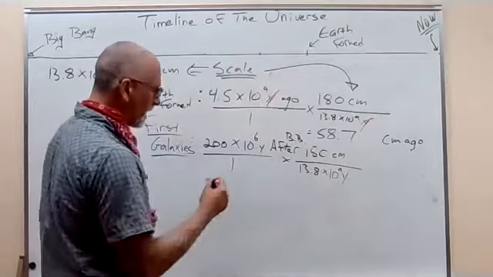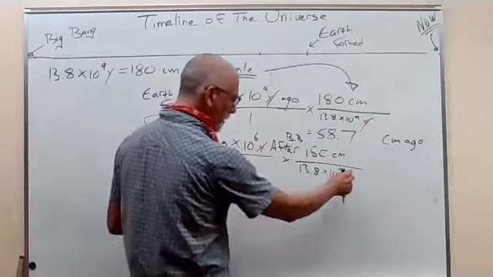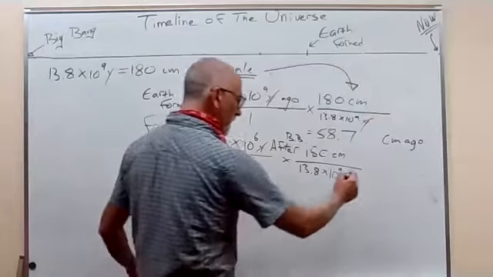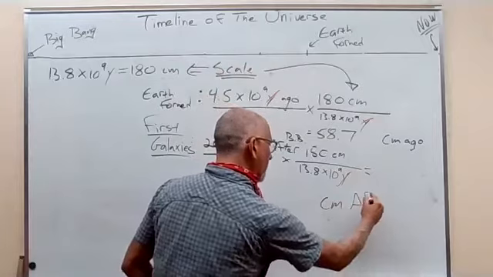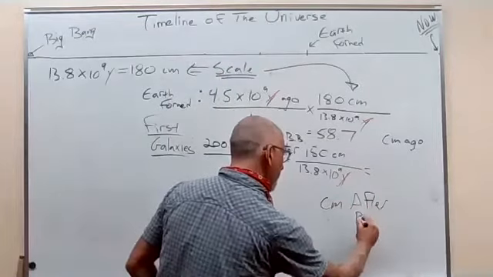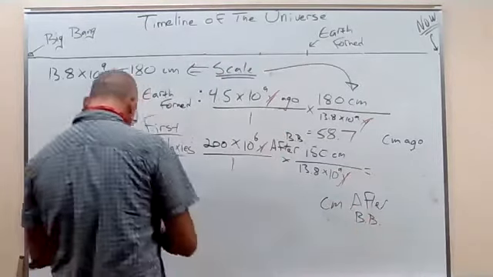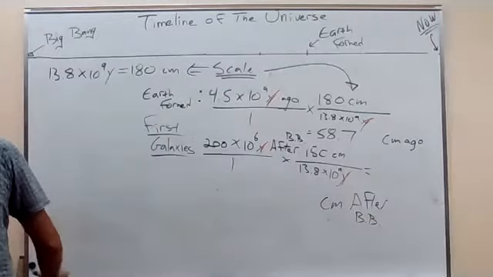If I look at my units that cancel out, my years are going to go away. And I'm going to get a number that's in centimeters after the Big Bang. So let me do some math here.